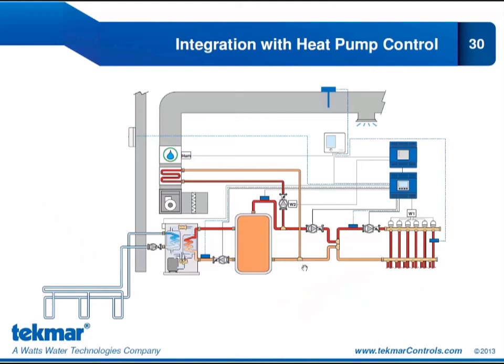You can see we have incorporated the variable speed mixing. So here is my variable speed mixing pump, and that allows me to have different water temperatures going to my fan coil as I do for my radiant installation. Particularly important for radiant cooling when the radiant is subject to dew point reset.